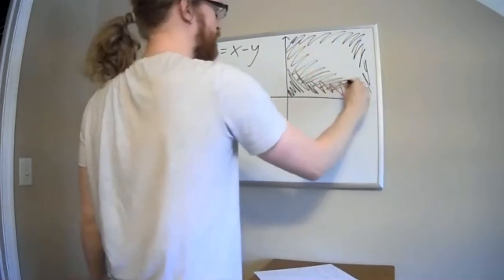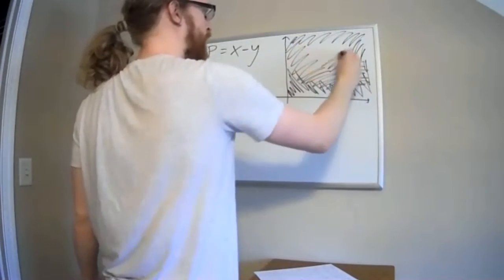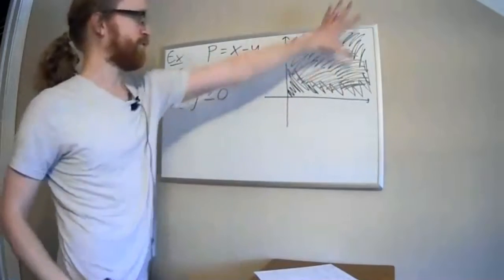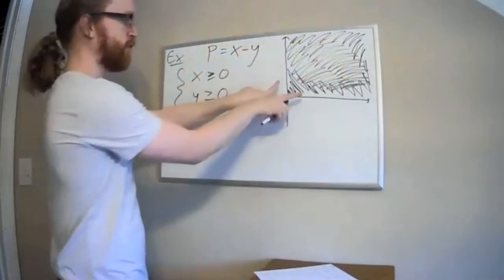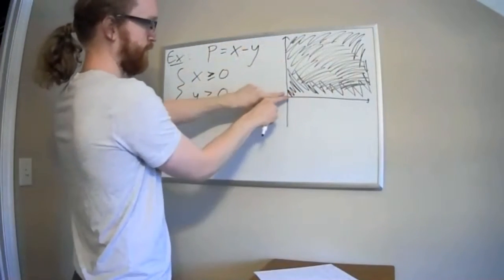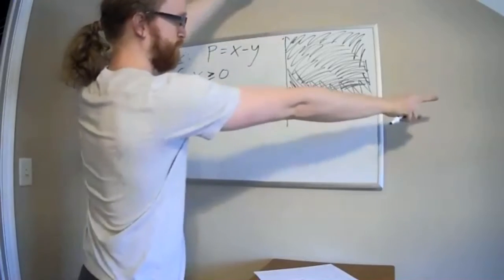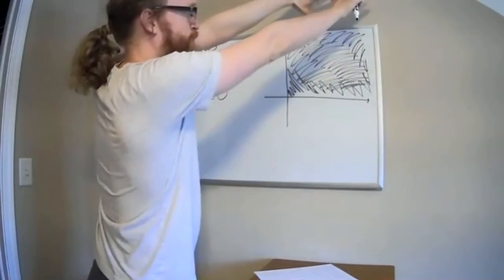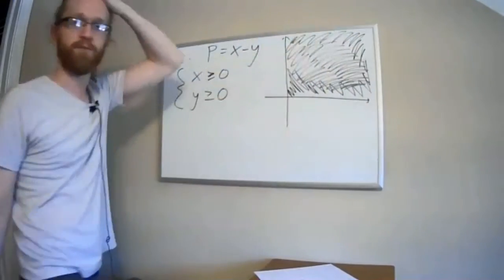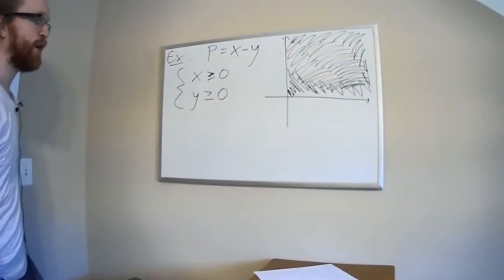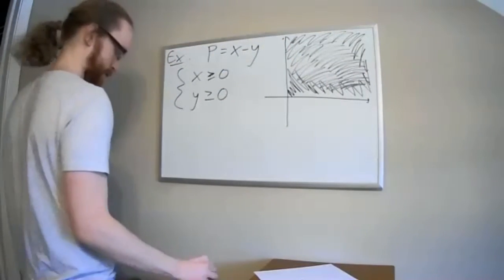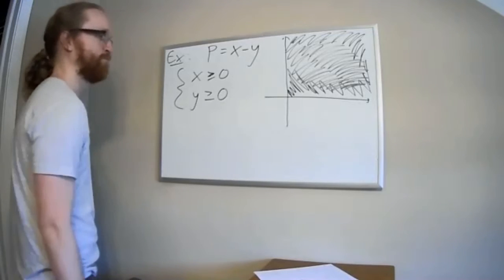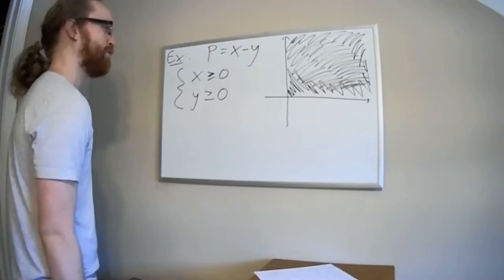I don't have an infinite whiteboard, so I can only draw a small portion of it. Just extend these out from the origin forever, and that whole upper right quadrant of the plane is my feasible set. So it's certainly unbounded, because it does not make a closed off shape. It's 1/4 of a plane, so it's infinite.